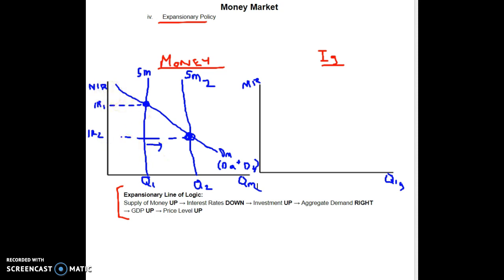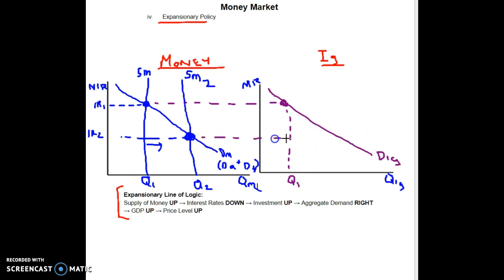Now, inevitably, they're going to ask you how this is going to affect aggregate demand. So in order to do that, I've got to go over to my investment graph. I need to show the demand for investment, or DIG, and how it changes. When my interest rate was high initially, my first point is going to be here, and there's a very low amount of investment that is demanded.